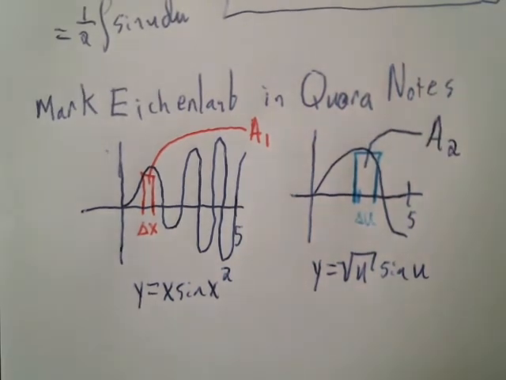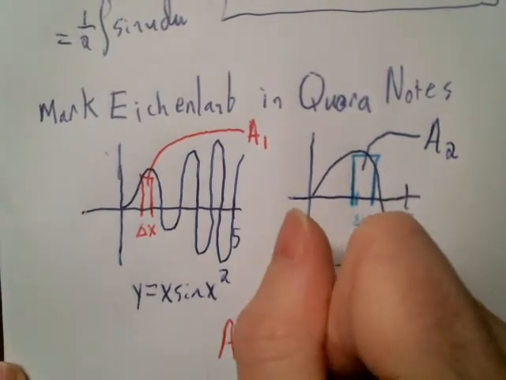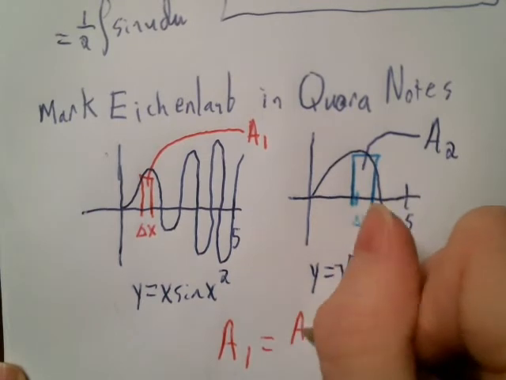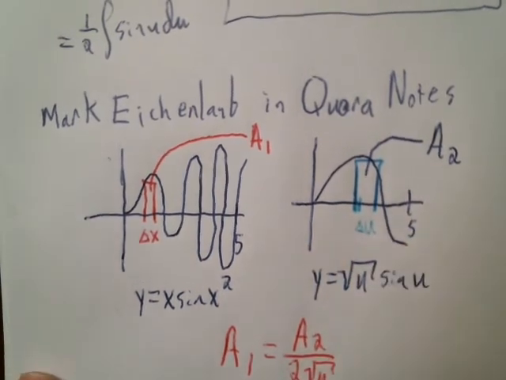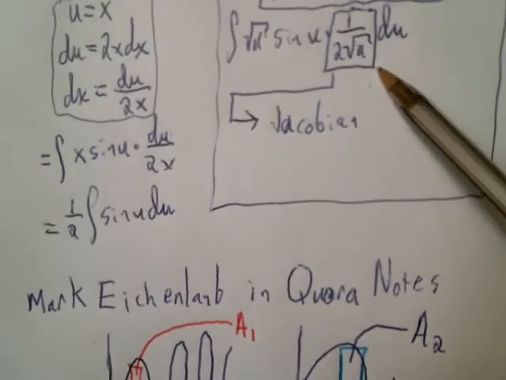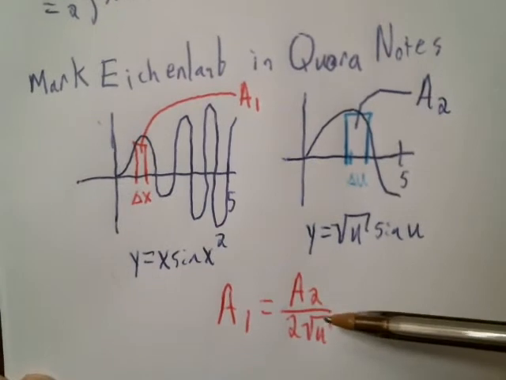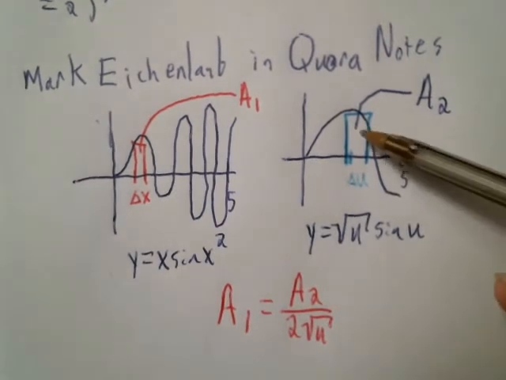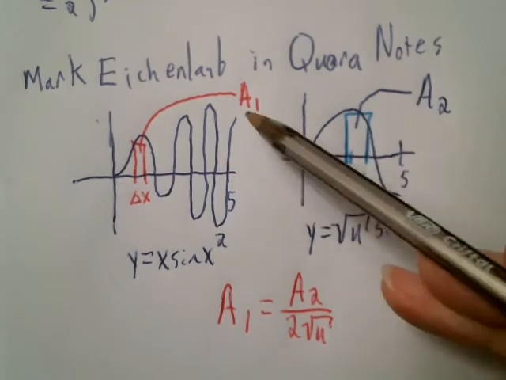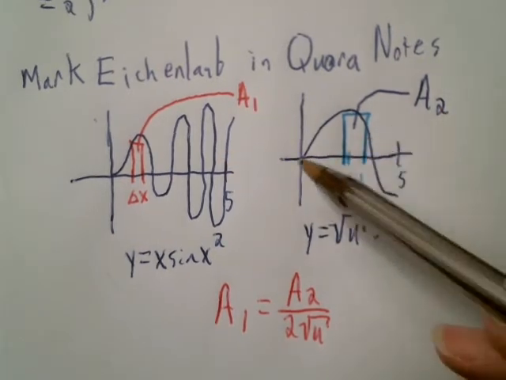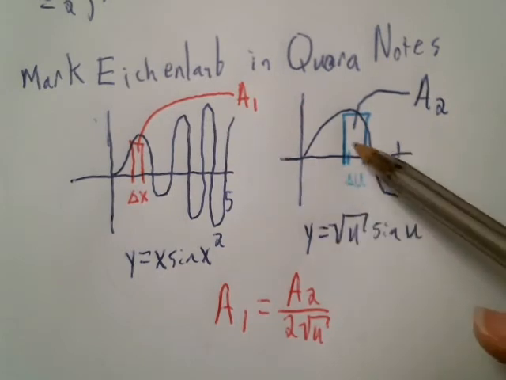And a sub 1, in this case, will equal a sub 2 divided by 2 square root u, which is that Jacobian factor back here. You can see that this thing is getting stretched out. It's bigger. So how does this relate to this? Well, this thing is a fraction of this thing.